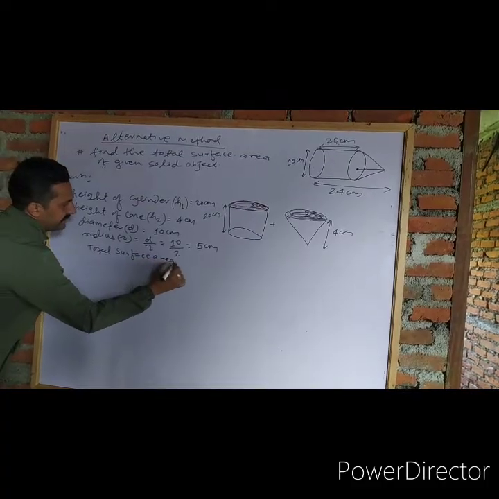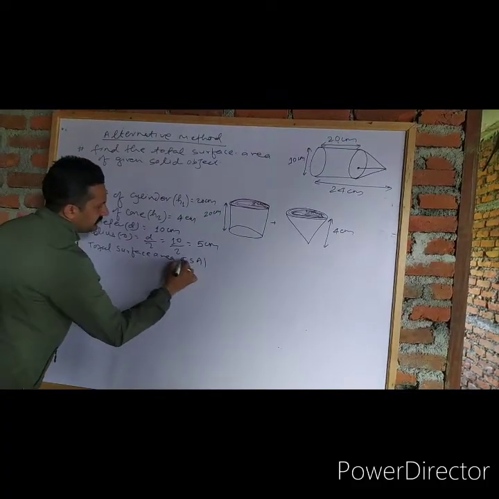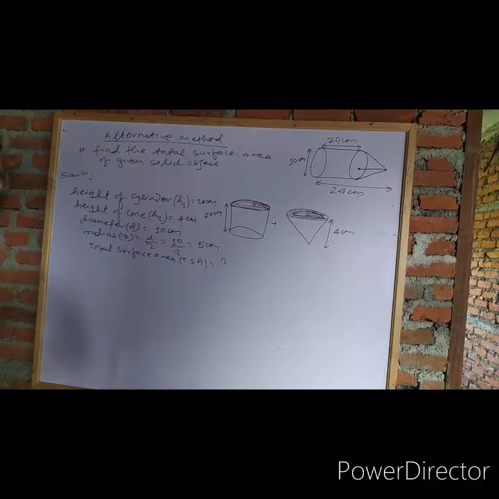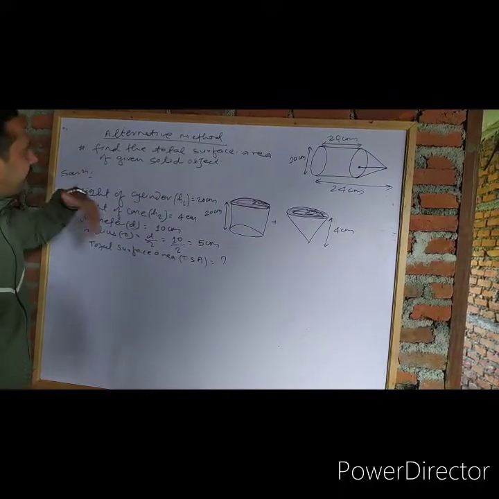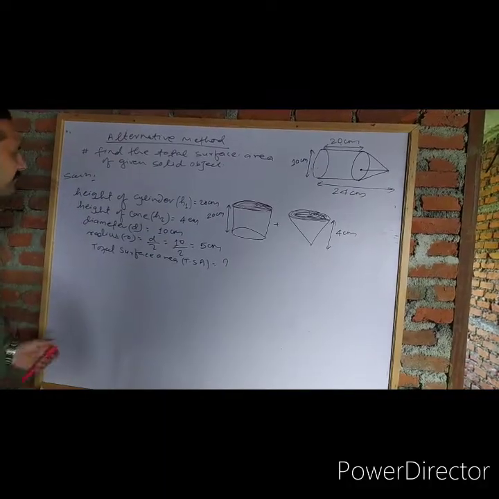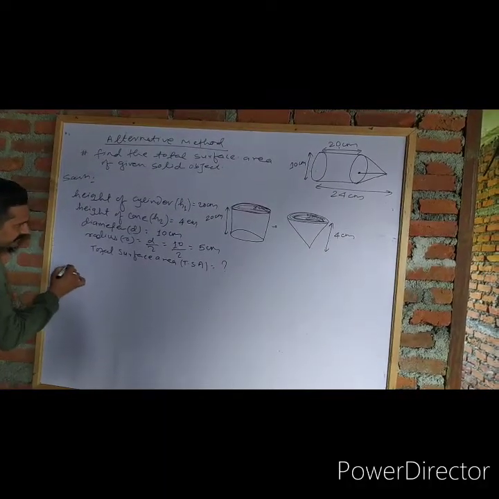And we will find here the total surface area. TSA equal to what? We are doing it by the alternative method. Solution started now.